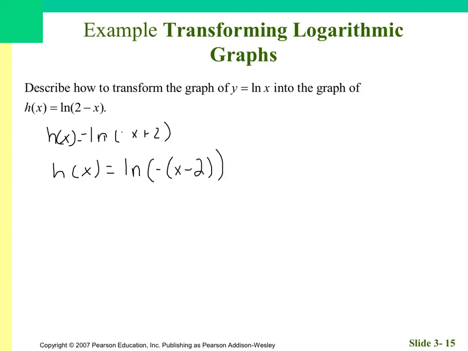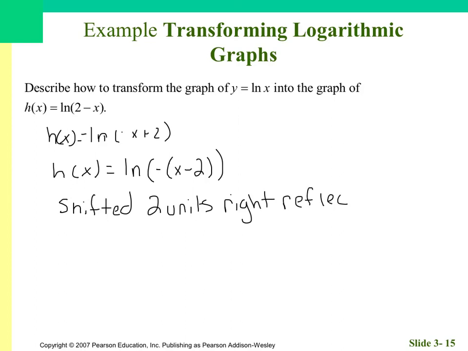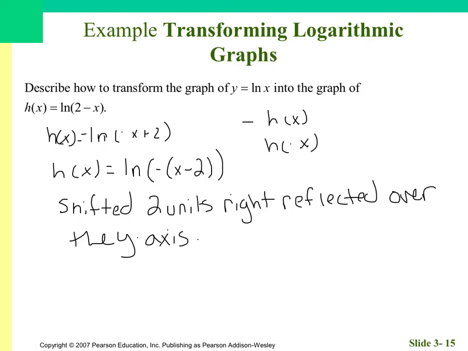So it was shifted 2 units right and reflected over the y-axis. It's inside the parentheses there, so it's reflected over the y-axis. Remember, if it was negative h of x, that would mean x-axis, but it's h of negative x, so it's y-axis. Okay?